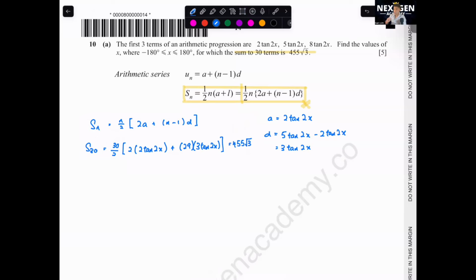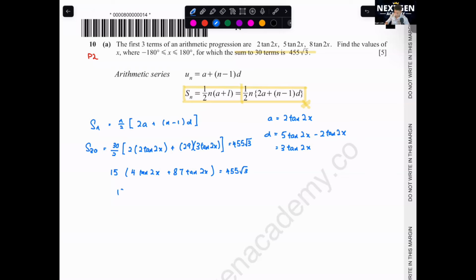Looks complicated. We do one step at a time. This one needs a calculator. This will be paper 2, so please take out a calculator. Let's solve for this. So 15, 4 tan 2x plus 29 times 3, 87 tan 2x equals 455 root 3. Here we can open up the bracket.